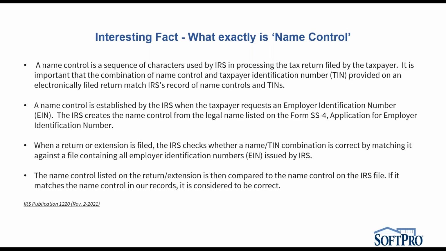And there's a lot of if this, then this for IRS, which I'm sure you're not shocked. But how this plays an important role is I've always been told, oh, don't worry about it. And I'm a why person. And truly, if you're filing your 1099 and you're ignoring name control, then what happens is IRS, when they receive the information, is physically comparing the name control to your IRS record on their system.